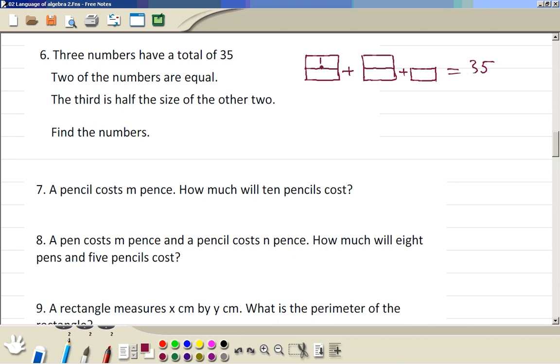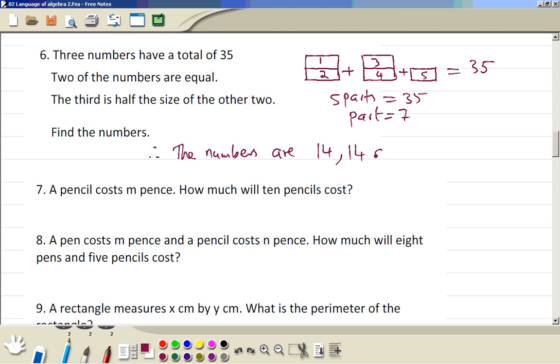We have 1, 2, 3, 4, 5 parts equal to 35, and 1 part is 35 divided by 5, which is 7. So here we have 2 parts, therefore the numbers are 7 plus 7, 14, 7 plus 7, 14, and just 7.